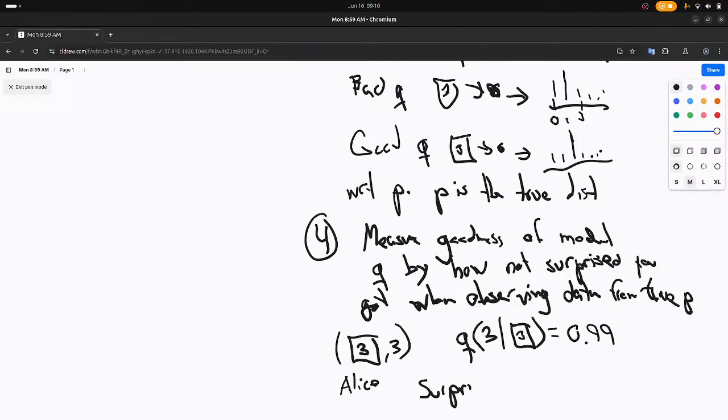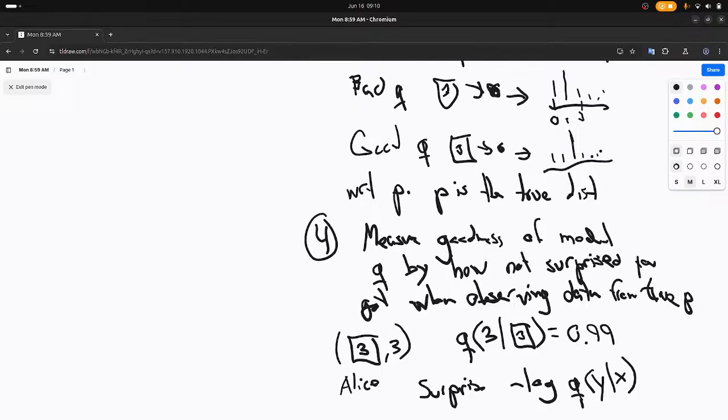is the minus logarithm of what Bob thinks, Q, of the label given an X. Surprise, and this is the 3 and this is the 3.